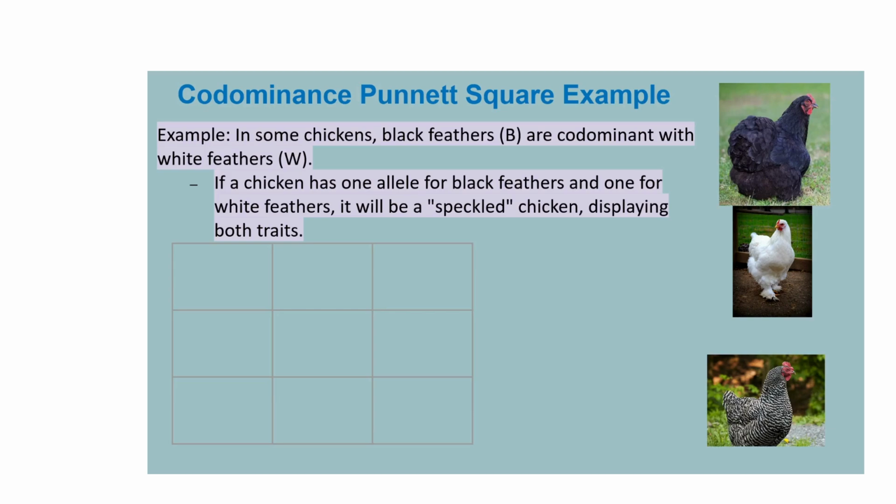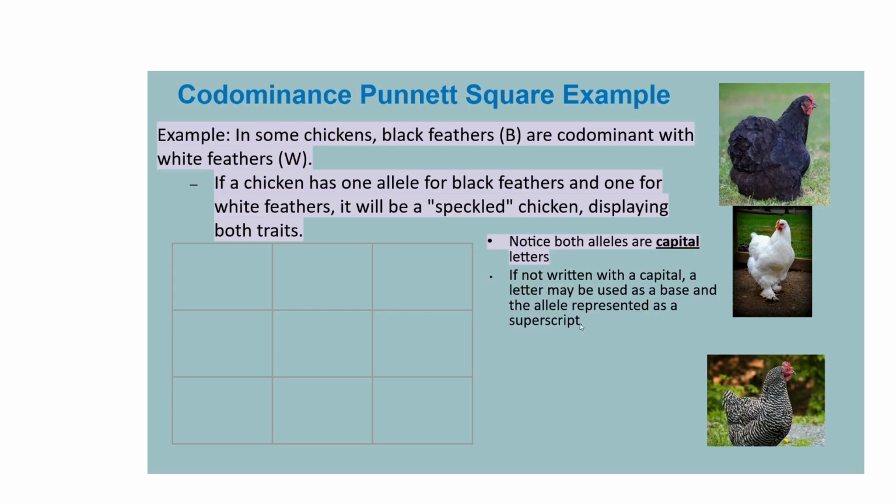Okay, so let's do an example between two heterozygous parents. Keep notice, with codominance, you're still using all capital letters because one is not dominant over the other. We're going to put our parents on the top and the side. The first parent has one allele for black feathers with a capital B. Go ahead and make sure you draw your Punnett square.